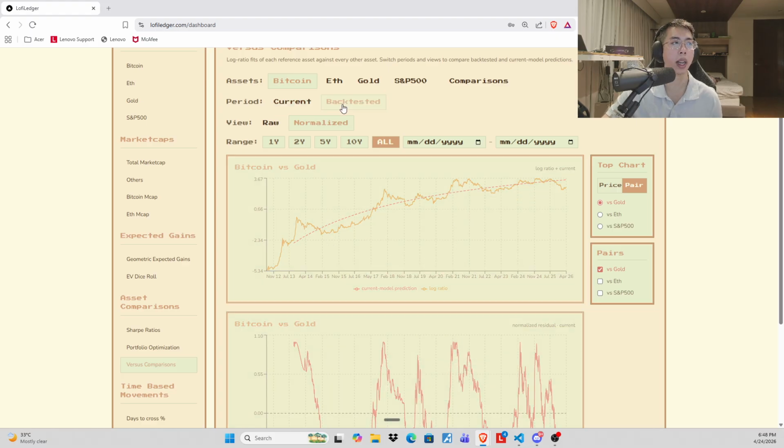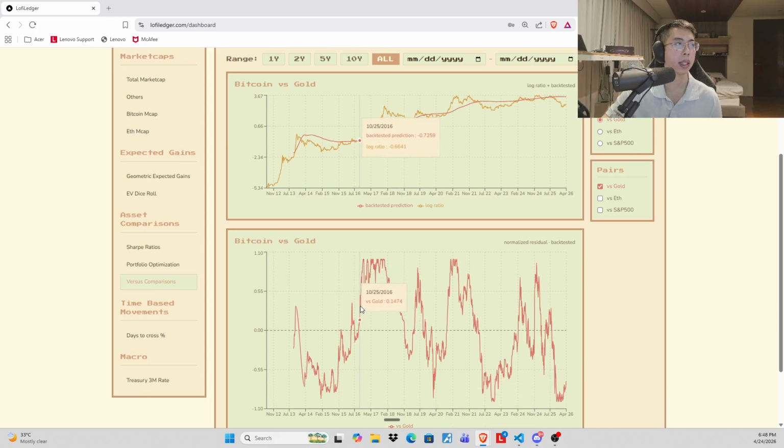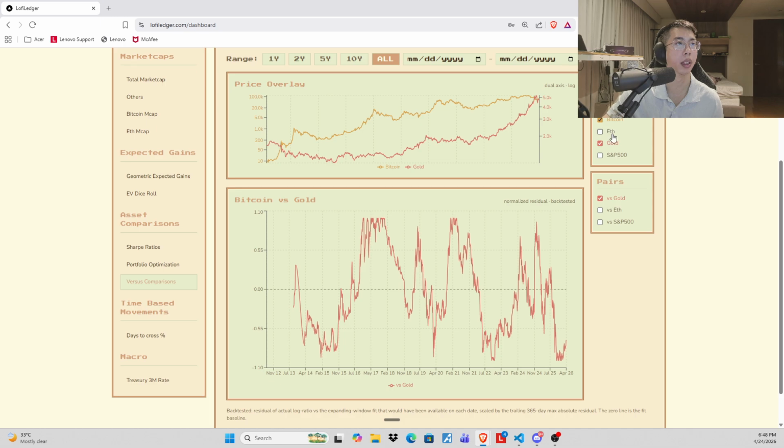And that's why this indicator isn't perfect. For example, if you look at the backtested view, back in 2016 this would have told you to sell all of your Bitcoin for gold in 2017, and then Bitcoin continued to outperform gold by a lot.